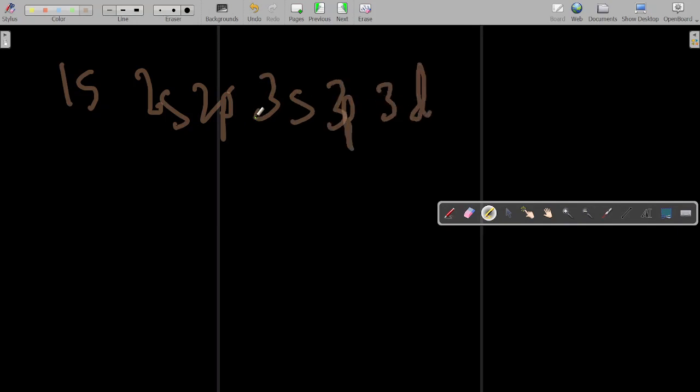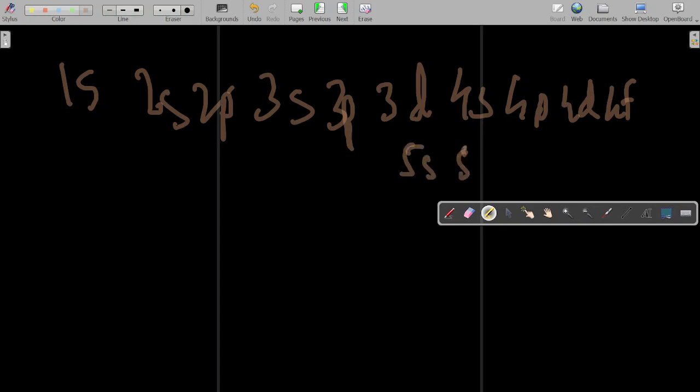You must have learned this while writing the electronic configuration in chemistry in lower classes: 1s, 2s, 2p, 3s, 3p, 3d, 4s, 4p, 4d, 4f. This is the order of orbitals. Then 5s, 5p, 5d.